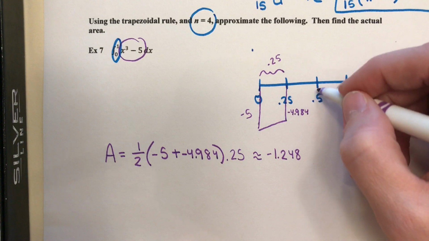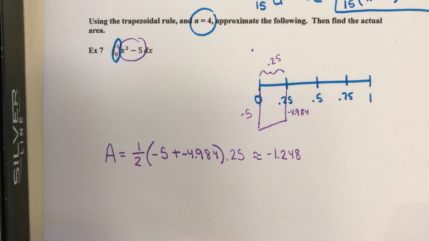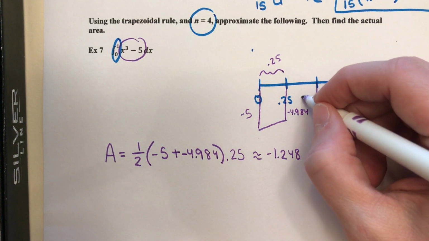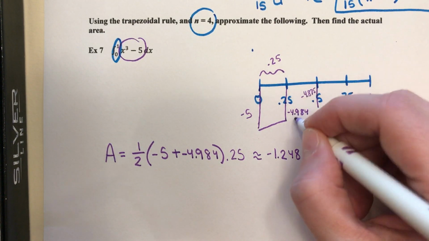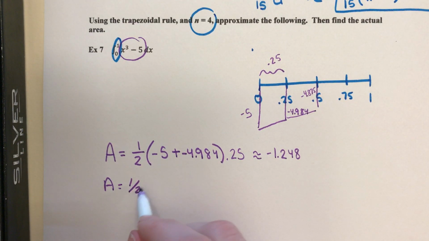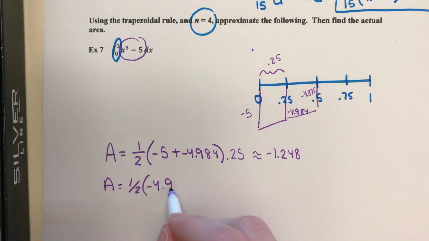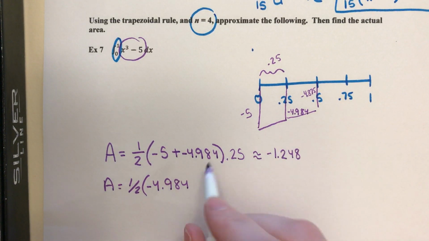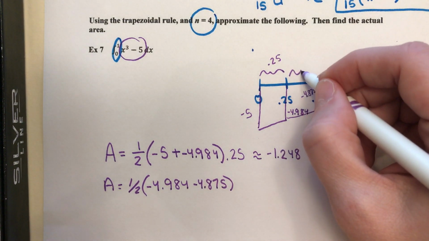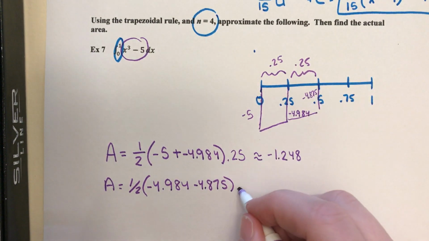So I'm going to do my second trapezoid here. So I need to find the height at 0.5. So I'm going to plug that in. That gives me -4.875. Okay, so I'm going to find that area. 1/2, my two heights, -4.984, and then my other height, -4.875, and my distance between the two is 0.25 again.